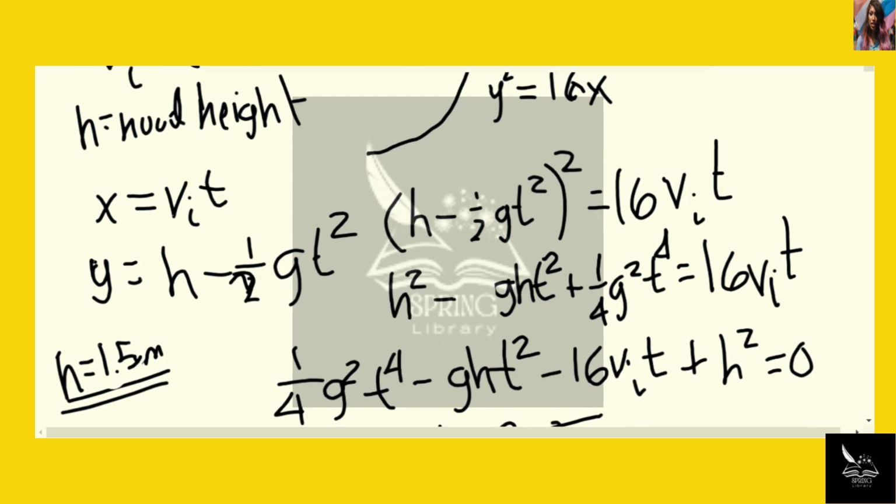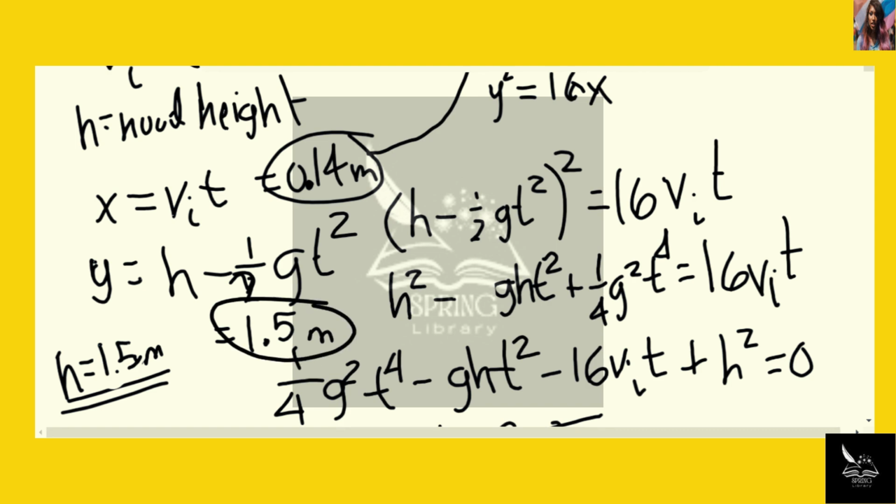then x equals v initial t, which is 0.14 meters, and y equals h minus 1/2 g t squared. So that would be 1.5 meters.